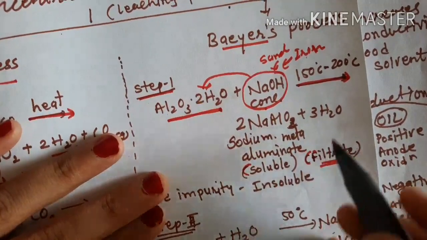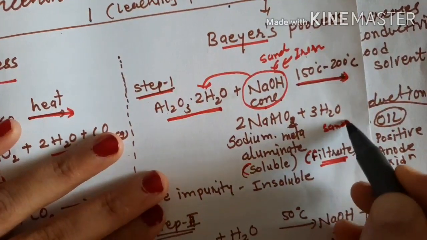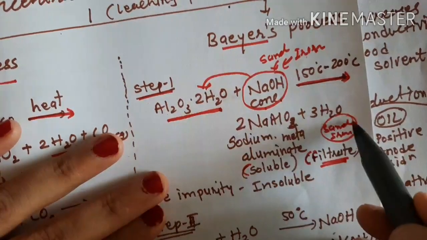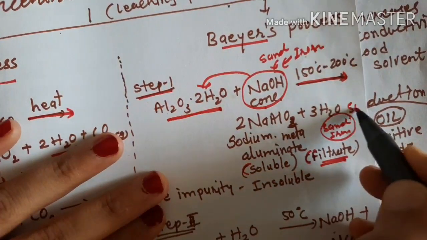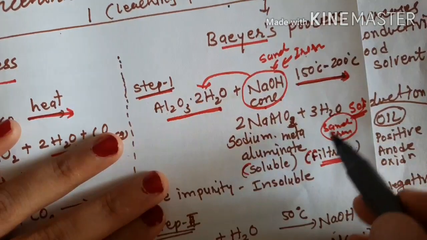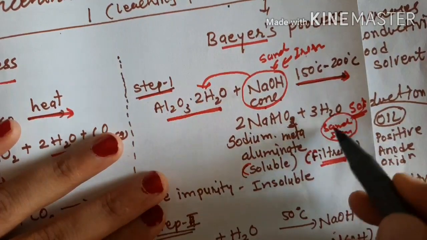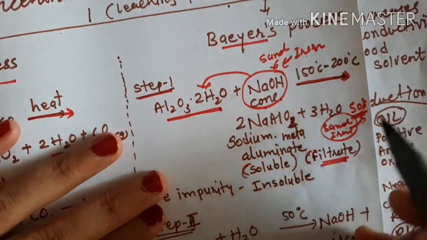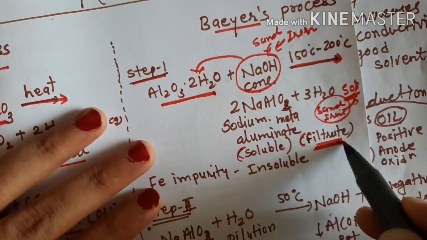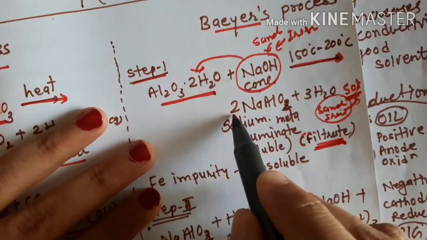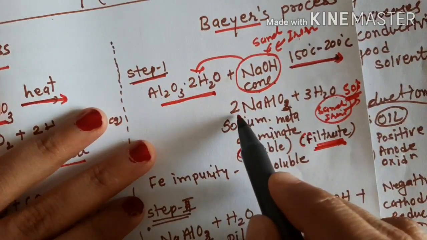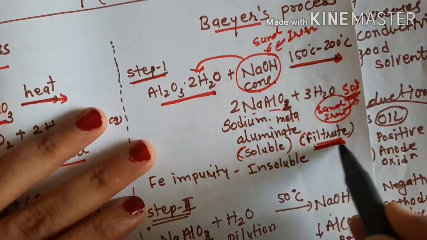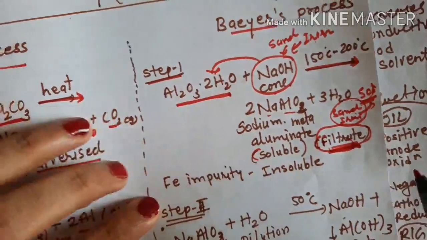The precipitate form is the sand particles and the iron particles, the impurities, which are present as a solid, and we can filter them out. We filter this solution, the sand and iron are removed as a solid, and the filtrate contains 2Na sodium meta-aluminate. You know what the filtrate is.